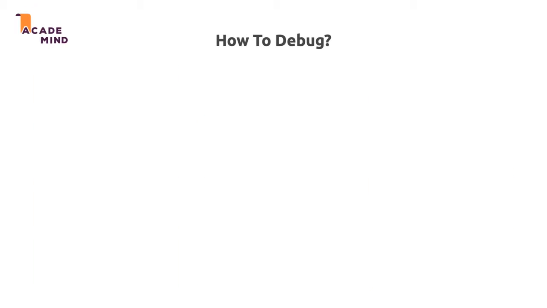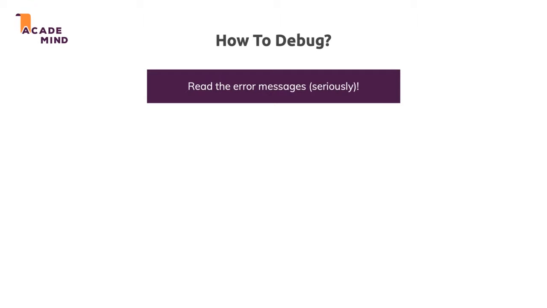How do you debug? Which tools do you get for debugging your errors? Now, the most obvious tool you're getting, and yet the tool a lot of people overlook or just don't look at at all, are the error messages. Seriously, read the error messages you're getting. I've seen it so often in my courses that students get some error and just go, oh god, I got an error. Screenshot or copy and paste it, Q&A section.